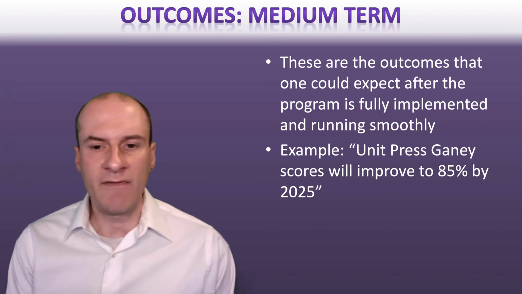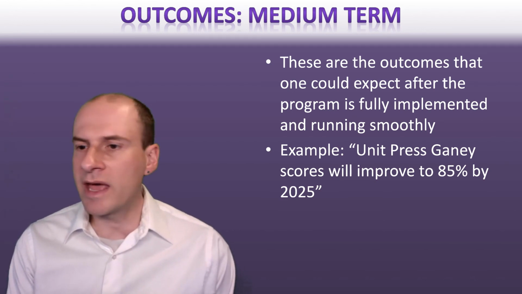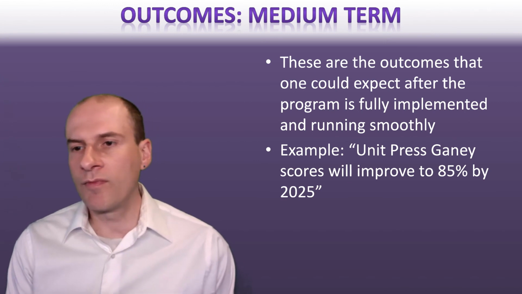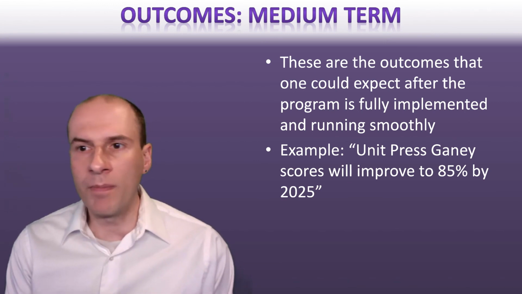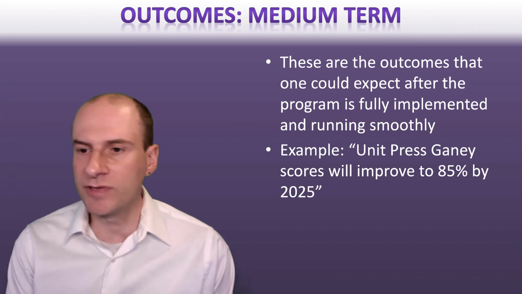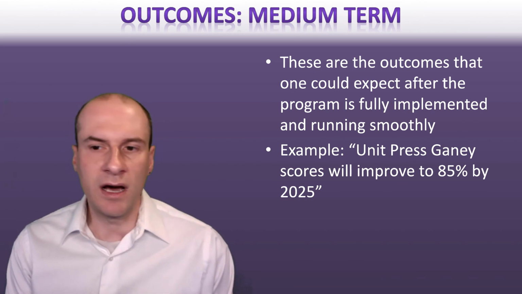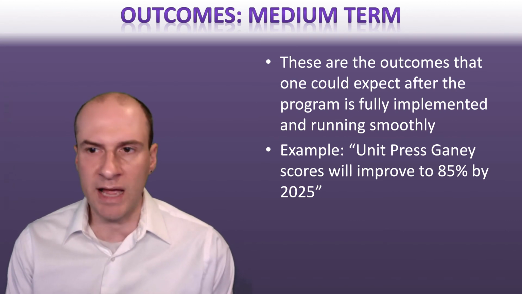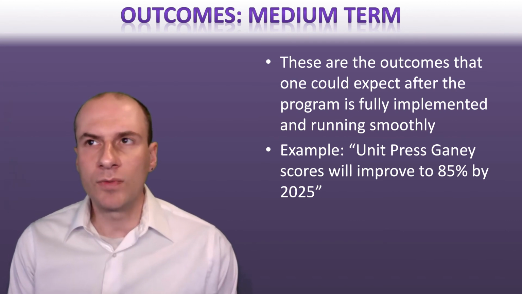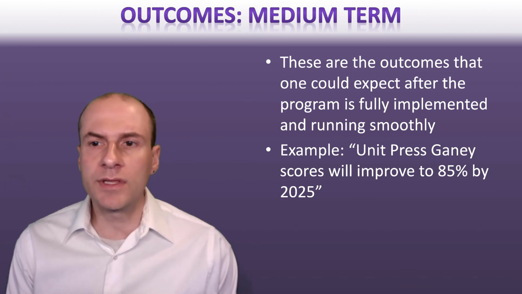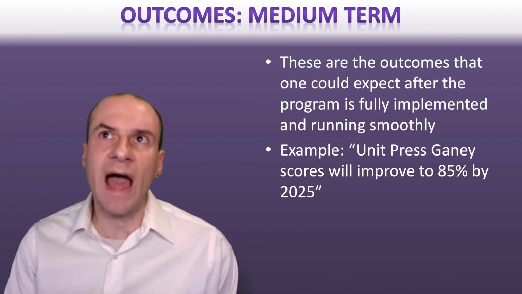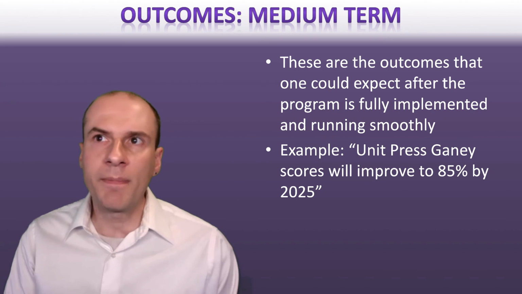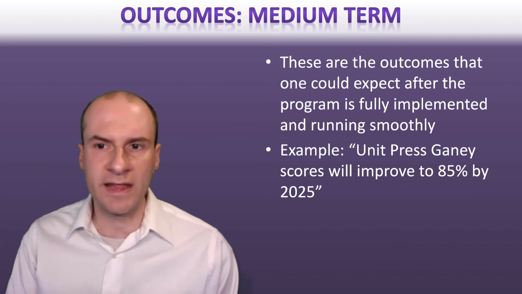So if you have a program that's looking at influencing how people view the healthcare system, patients view the healthcare system, you might see measures that you will start to see coming in as time goes by. All right. So these are, again, sort of after the program has been implemented and is fully enacted.